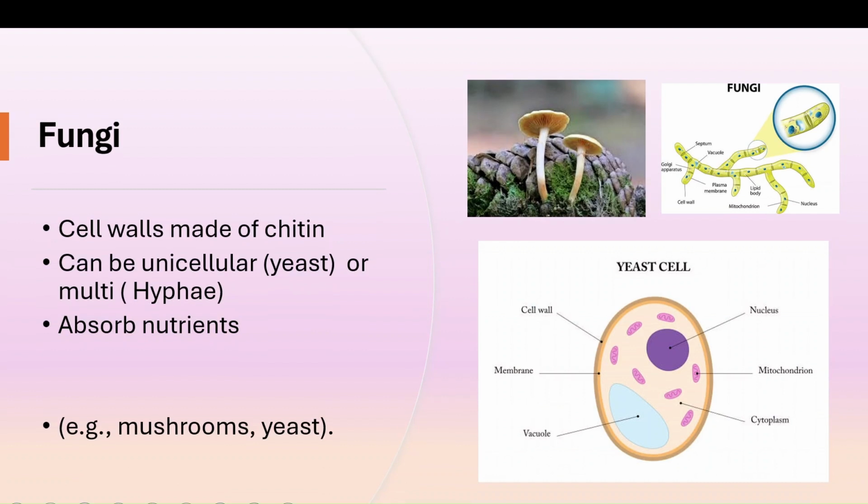Next are fungi. Fungi have cell walls made of chitin, not cellulose. They can be unicellular, like yeast, or they can be multicellular, like hyphae. They absorb nutrients. They don't photosynthesize. So some examples, mushrooms and yeast.